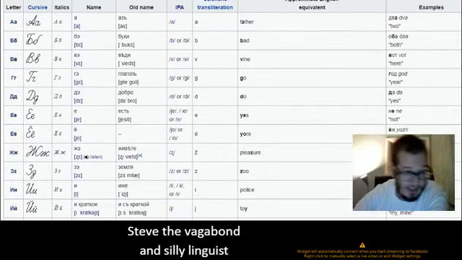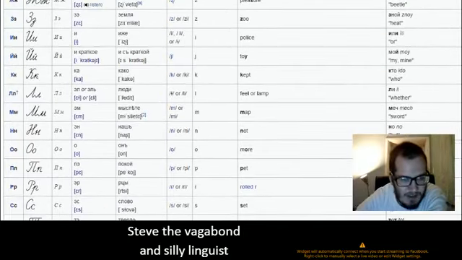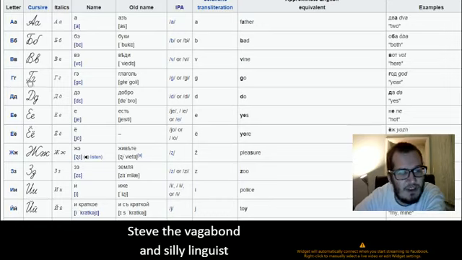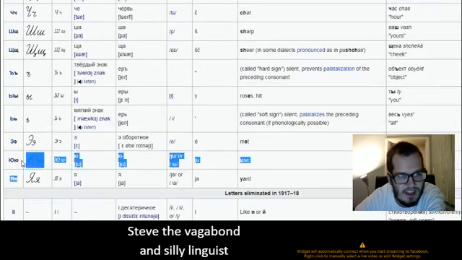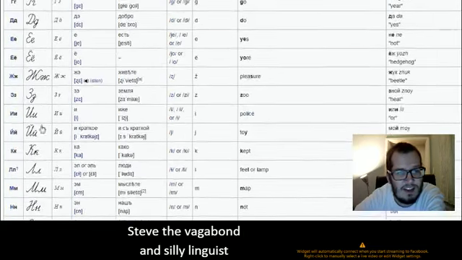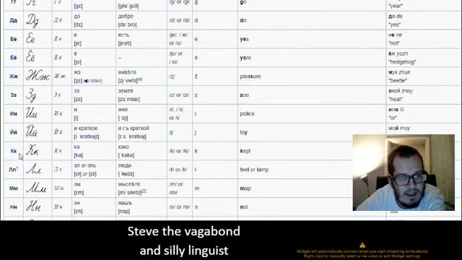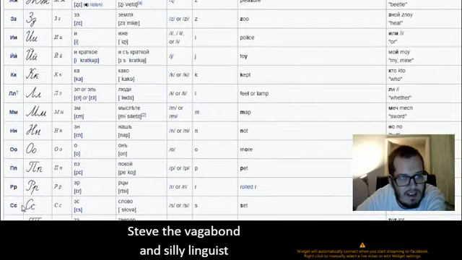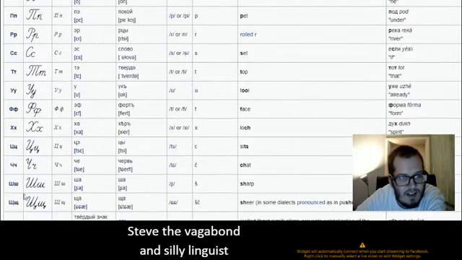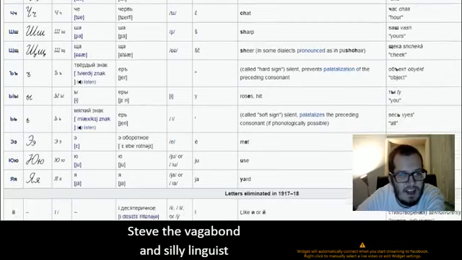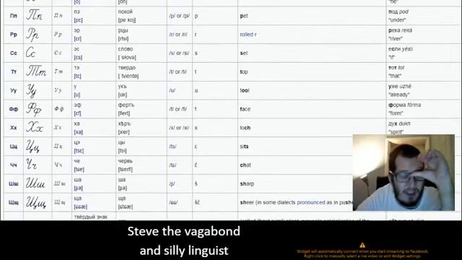So once you get over how different some of them are, and the ones that are really different are these ones at the end, and even they are not so bad. Like you already know k, m, s, and t, and some of them can be very easy to remember.